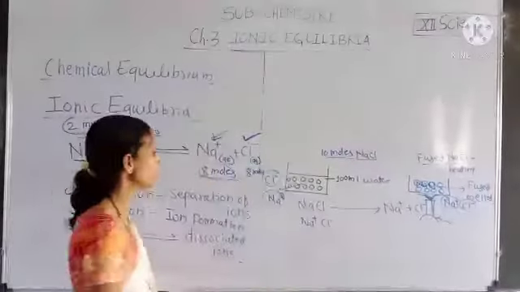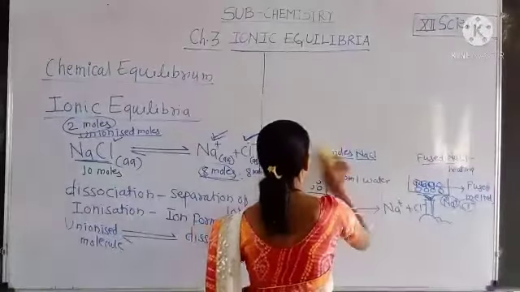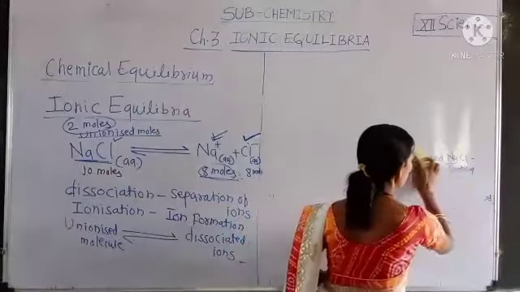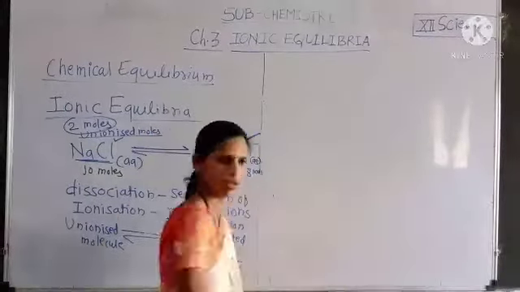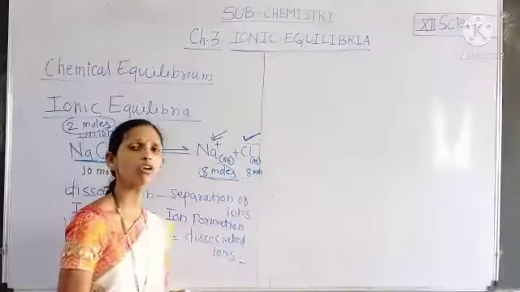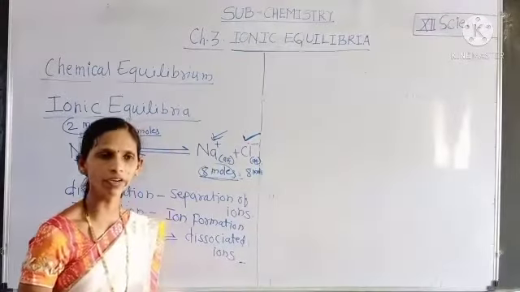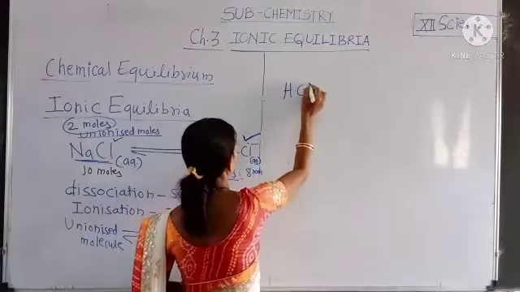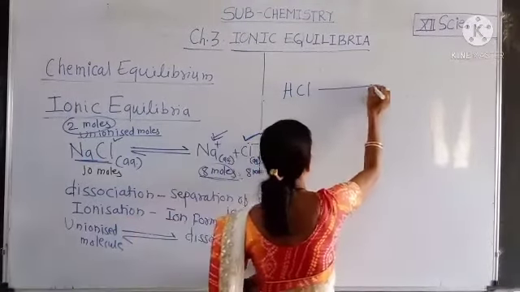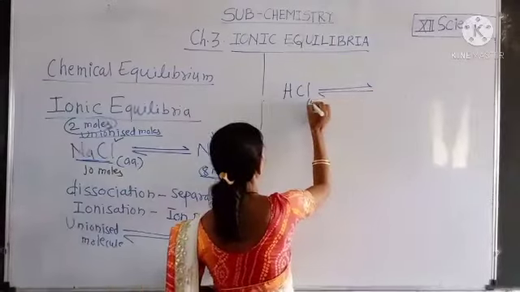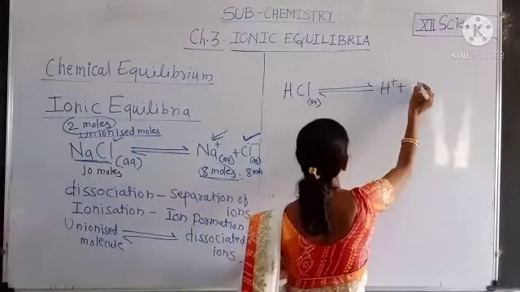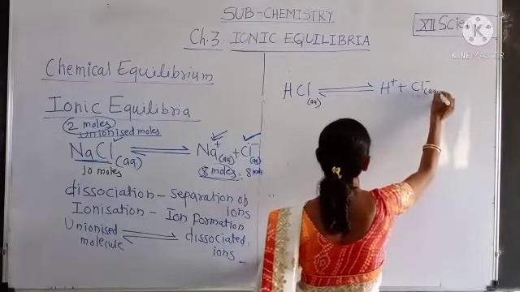Then see here, a few examples of ionic equilibrium I am going to discuss with you. There are a lot of substances which are used in everyday life. For example, HCl, when dissolved in aqueous medium, dissociates into H plus and Cl minus ions.